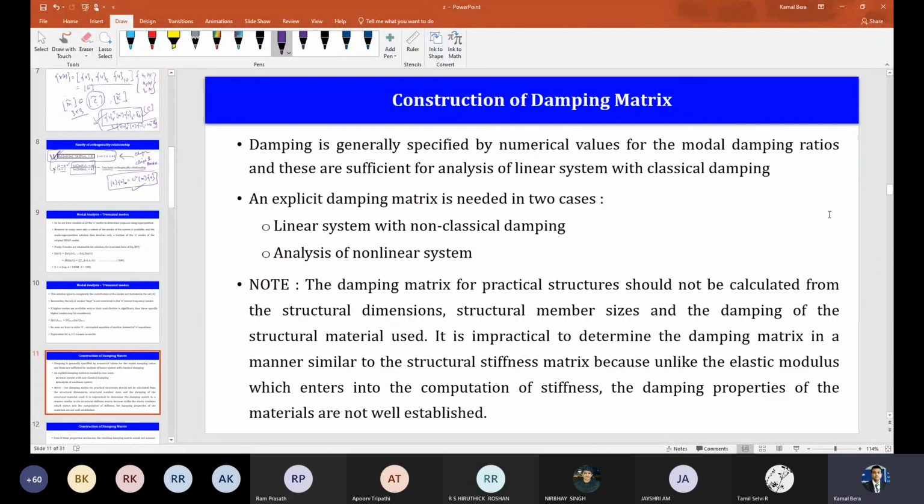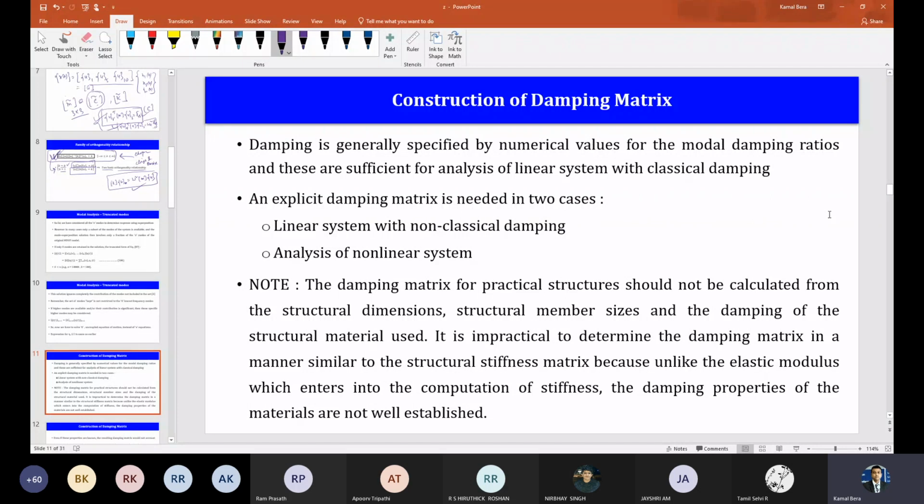In the stiffness, if the system properties are given, like cross section and dimensions, say a rod or a beam is given, its Young's modulus E is given, the moment of inertia I is given, length is given, cross-section area A is given, then standard procedures are there to find the stiffness coefficients and finally the stiffness matrix, correct? But damping you cannot find out like that.